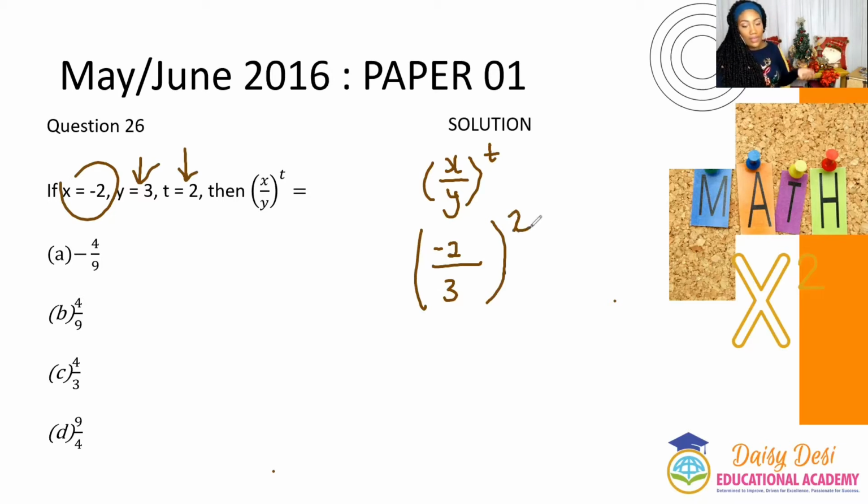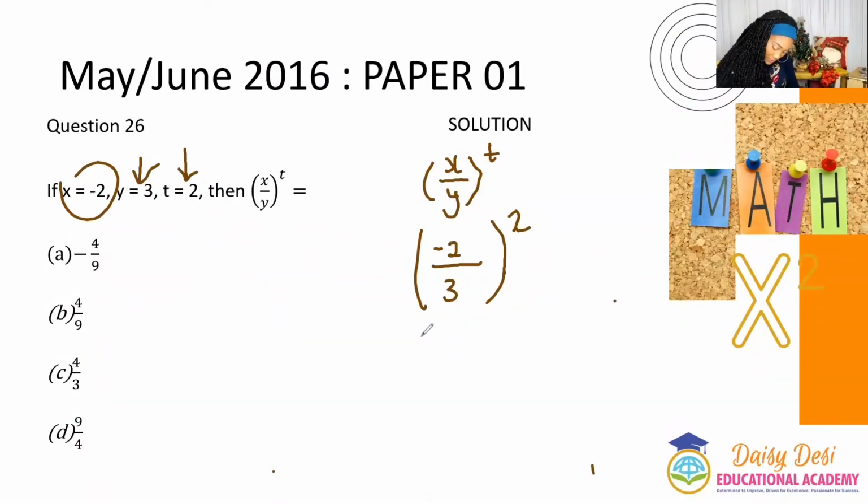Again, anything to the power of 2 is multiplied by itself 2 times. Anything to the power of 3, multiplied by itself 3 times. Anything to the power of 100, you multiply by itself 100 times, right? No matter how many times I say that, I don't know why students still forget. So if you are a student that forgets, please write it down 100 times to make sure you don't forget in the exam.